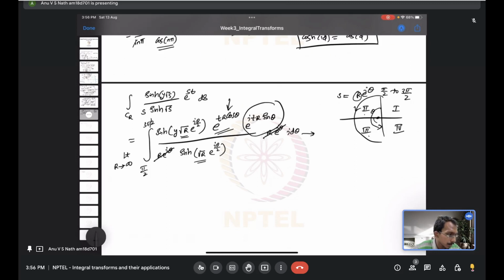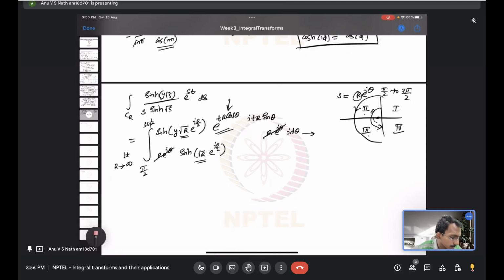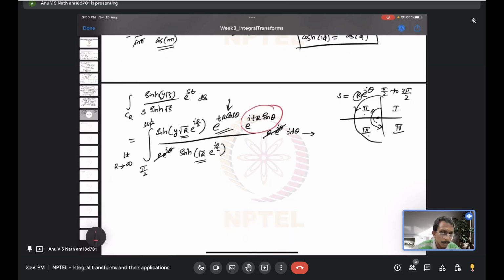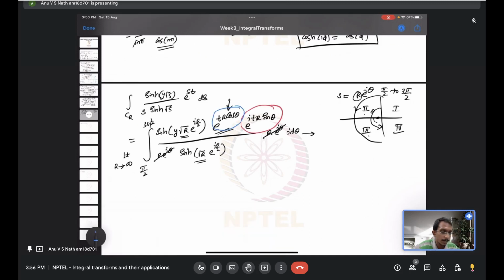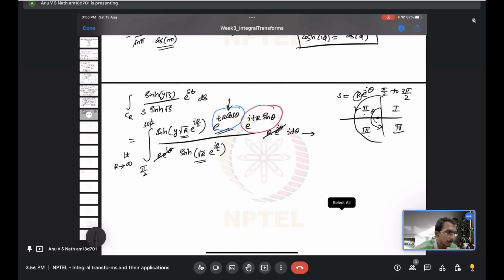The other term is oscillatory, so that does not do much, but the one in blue, which is exponential of minus infinity in the limit of r tending to infinity, in the second and third quadrants.